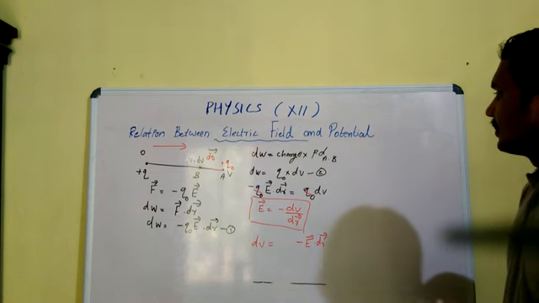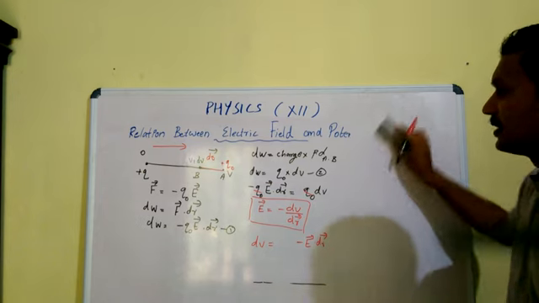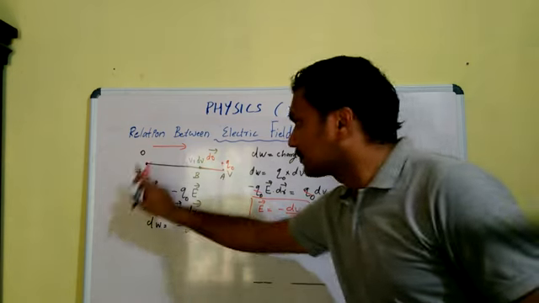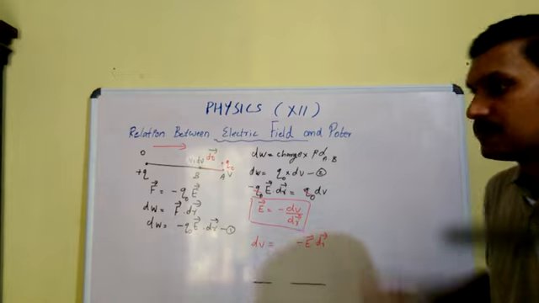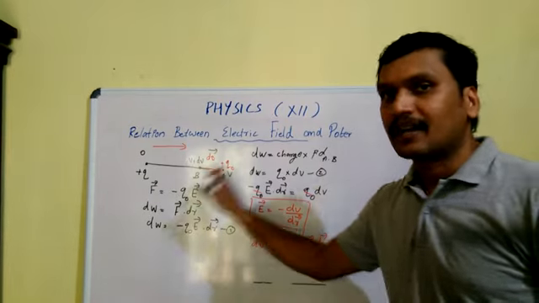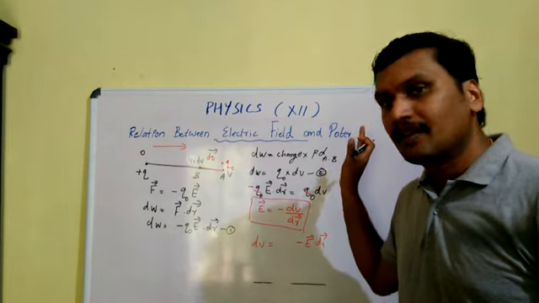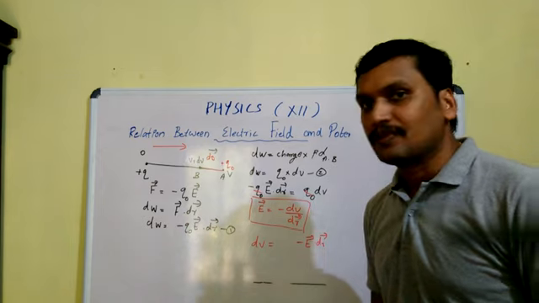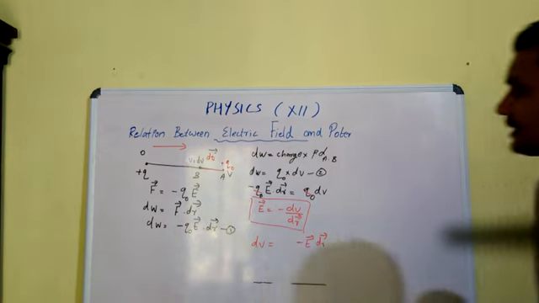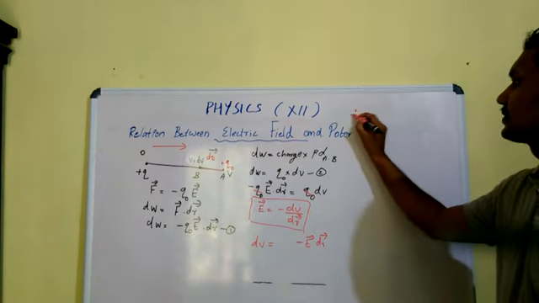So in the electric field of this positive charge, suppose we have 2 points, A and B, at distances r1 and r2. Suppose this is our source charge.